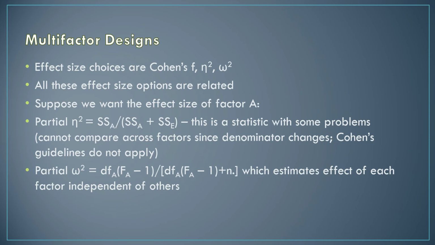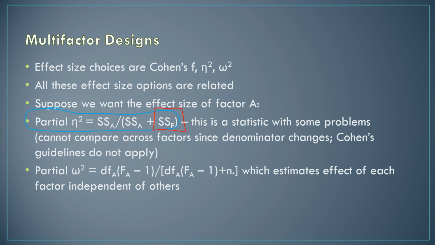And so in this example here, because we have this sum of squares error, that sum of squares error is going to be the same for both factors and the interaction. And so this can be problematic, and now those effect sizes are dependent on the other factor.